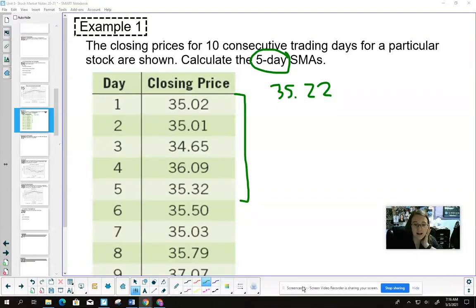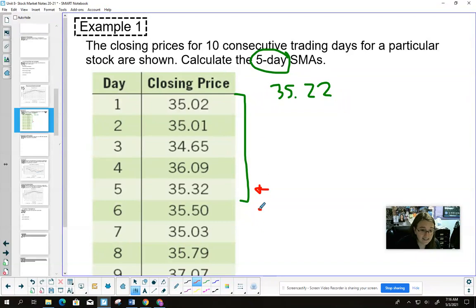Now, it is a moving average for a reason. As I go to the next day, the 5 days move down 1. This SMA right here would technically be if I was looking at this day, looking backwards 5 days total.